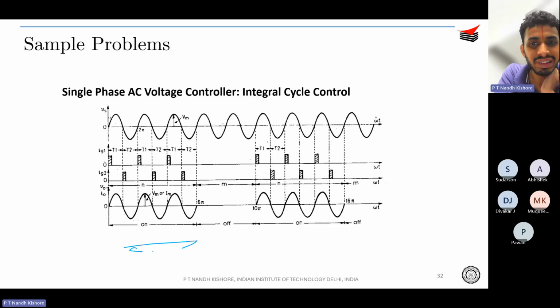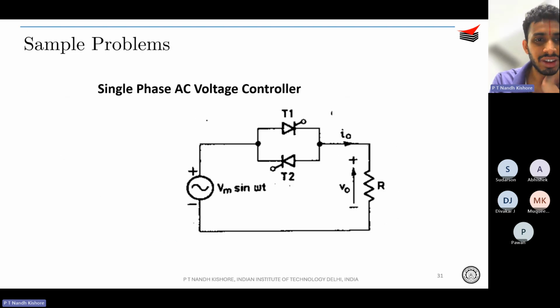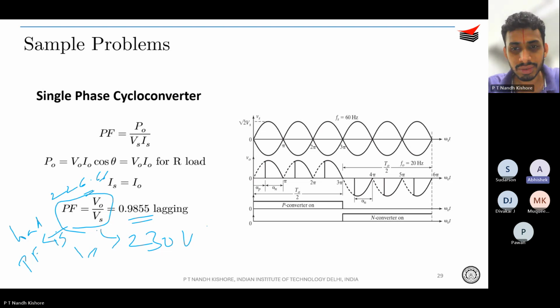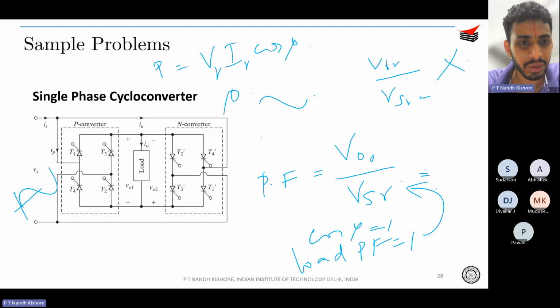You see what is Vs and you see what is V naught. Sorry, you are asking about the cycloconverter input current, I naught. Got it.